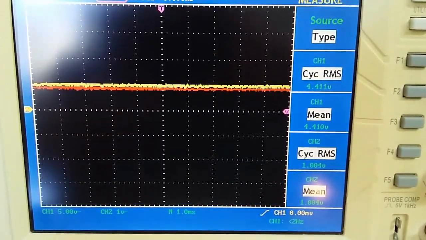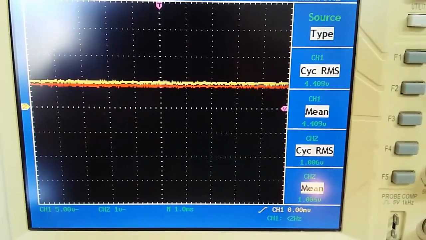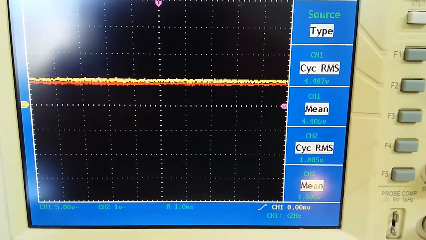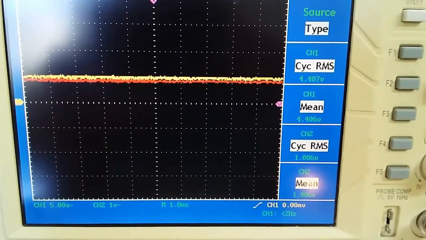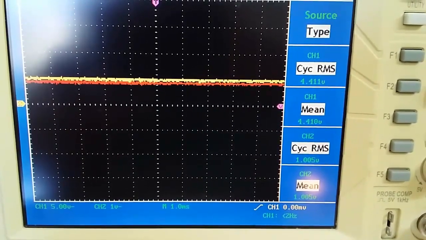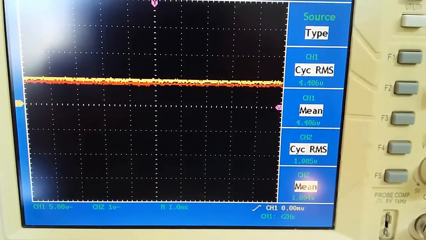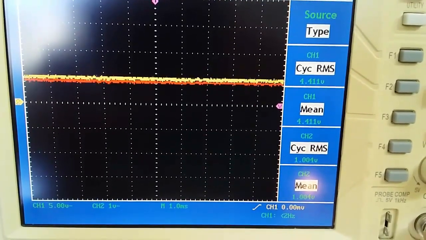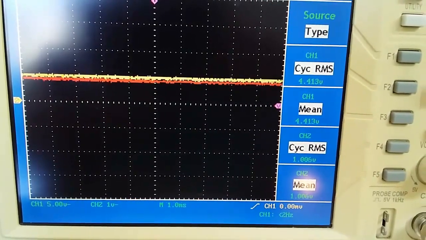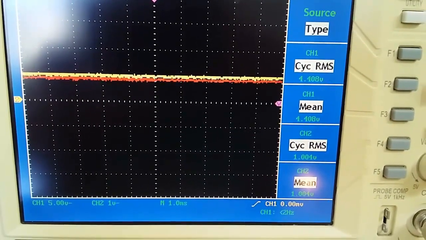Okay, so you can see down the bottom the mean and the cyclic RMS are almost the same. It's because the current is going in one direction. We don't have any current coming back. We don't have any spikes or anything like that on the negative side of the scope trace.